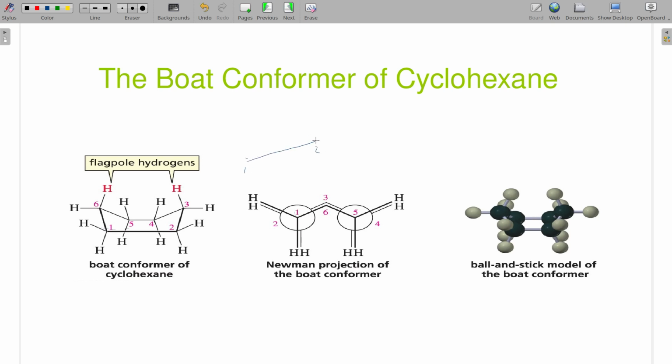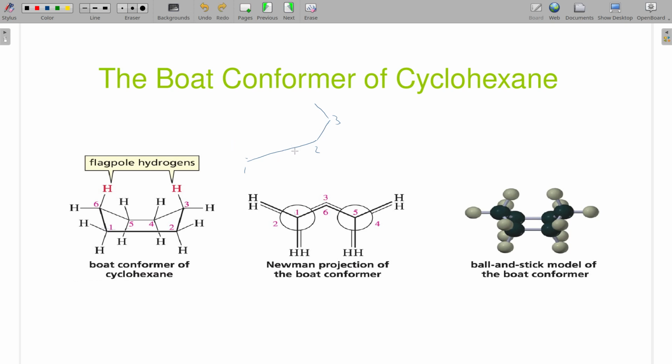Then we'd still be connected to where that 3 position is, and this hydrogen is now into the paper. But this one, hydrogen's coming towards us. But we've actually caused a bit of a twist to our backbone. We've twisted the boat.